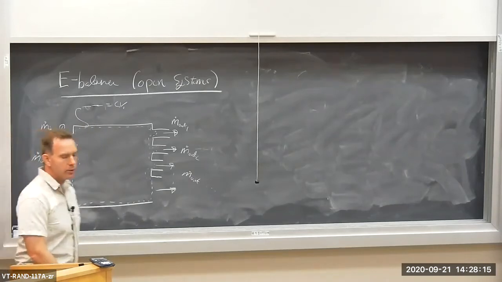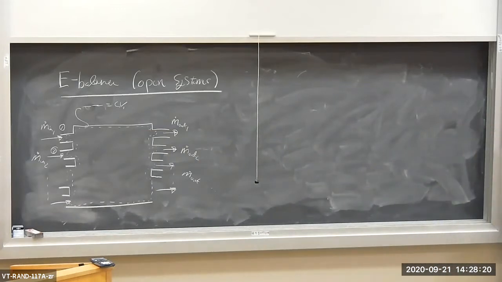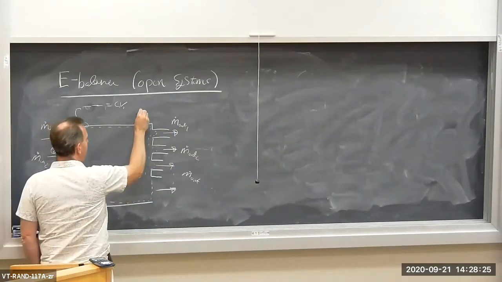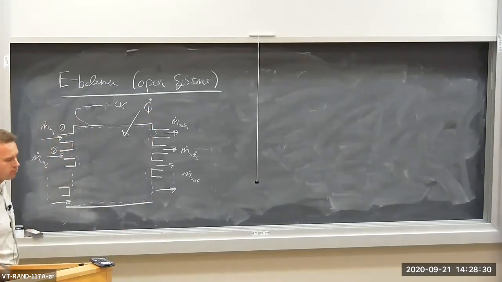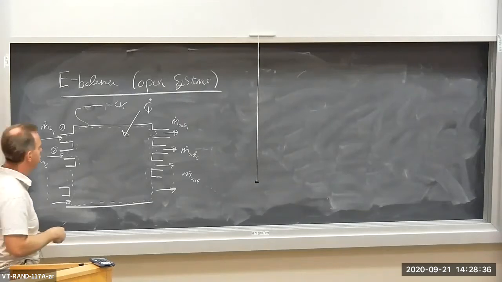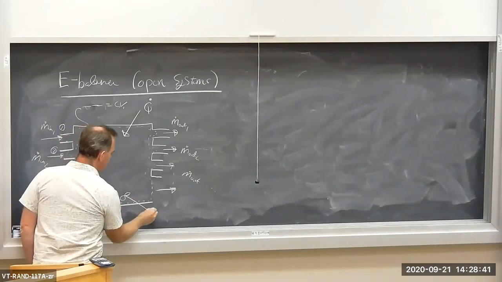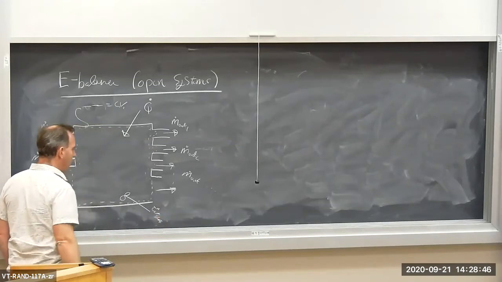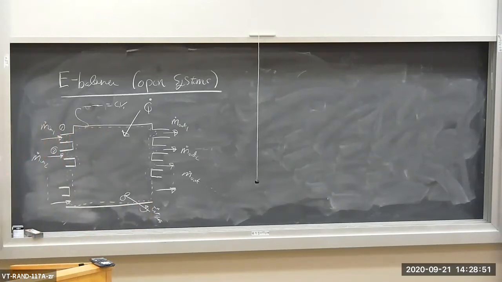Now remember from our discussion of closed systems, there are various kinds of energy interactions that occur. There's work and there's heat. So I could be adding heat to my system, Q dot. I could also be doing work on the system, or the system could be doing work. So I could have a propeller here with some W dot shaft going on. This could be turning and delivering power at a rate of W dot shaft.